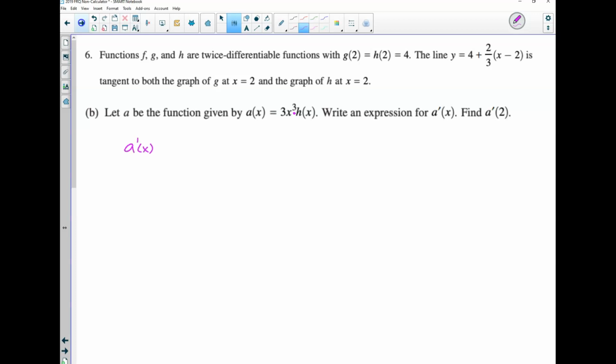A prime of x equals the derivative of the first term times the second term plus the derivative of the second term times the first term. Here's my derivative. Then we want a prime of 2. Well, when I plug a 2 in here, that's going to give me 4 times 9. That gives me 36 times h of 2.